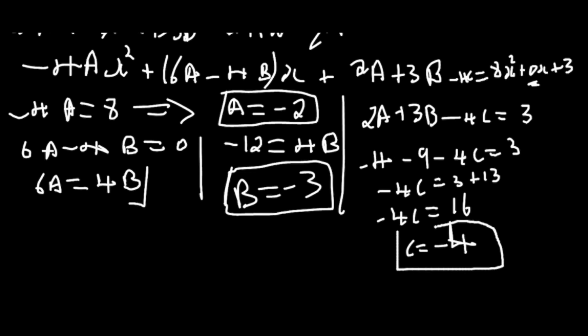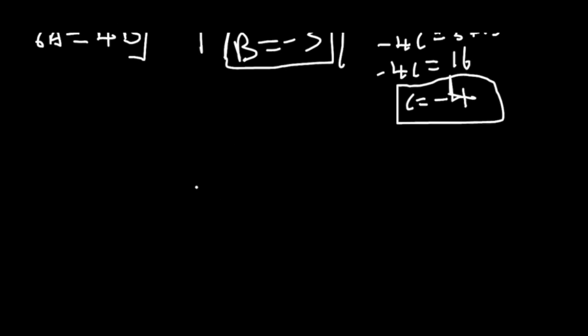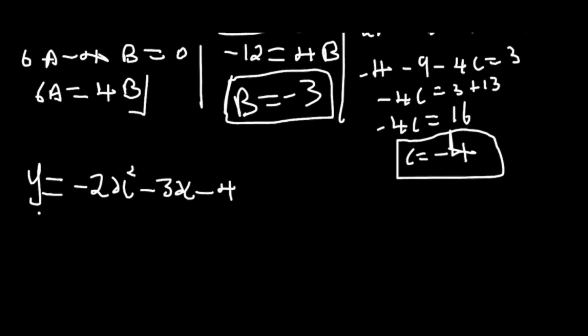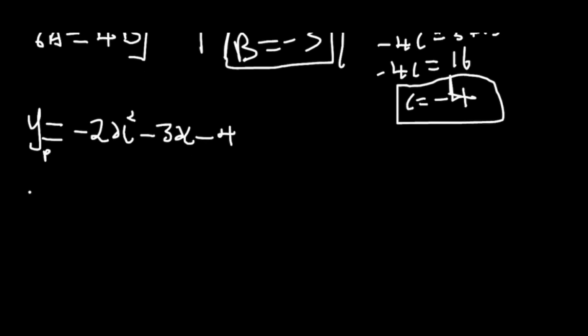So we have our a, b, and c. Therefore, our particular solution will simply be equal to our a, minus 2x squared, plus b, minus 3x, plus c, minus 4. So that's our particular solution. Therefore, our general solution, y general, will be equal to y complementary.